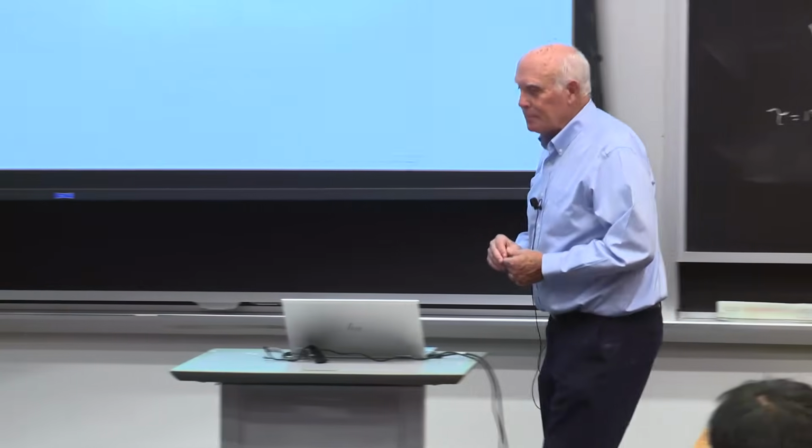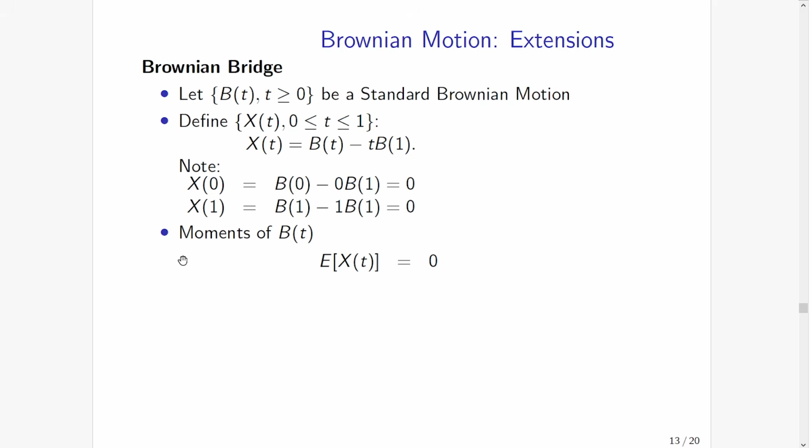Now, we have another extension of Brownian motion, which is called the Brownian bridge.